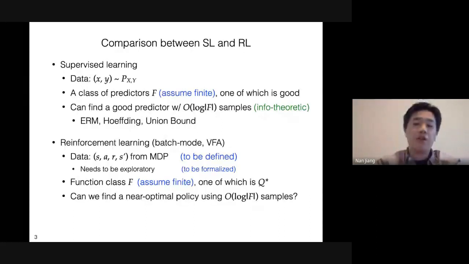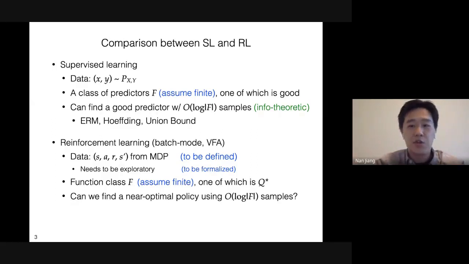Okay, so again, I'm omitting a lot of other parameters that are also important, for example, the epsilon-delta usual PAC parameters, and also the horizon of the problem. But we'll see them in a more formal version of the problem statement.